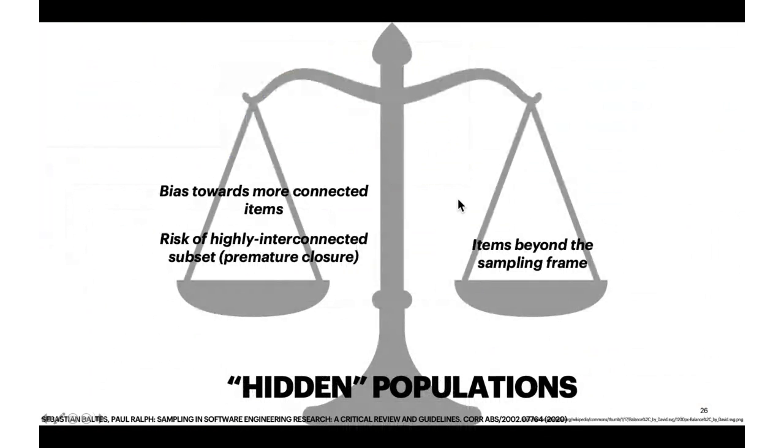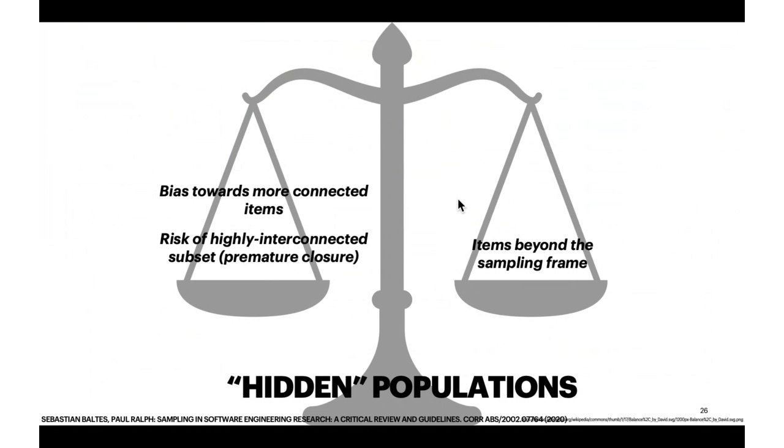So let us summarize what we know about the snowball sampling. First of all, it allows us to go beyond the sampling frame. So by exploring the references, we no longer need to assume that we have this kind of perfect sampling frame which will tell us what elements are part of our population and what elements are not part of the population.